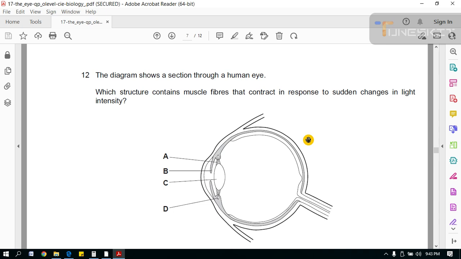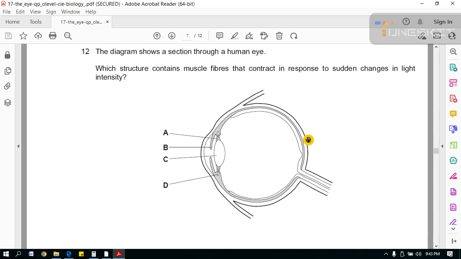Which structure contains muscle fibers that contract in response to sudden changes in light intensity? Okay, so A, B, C, D. The diagram shows a section through a human eye. Which structure contains muscle fibers here?